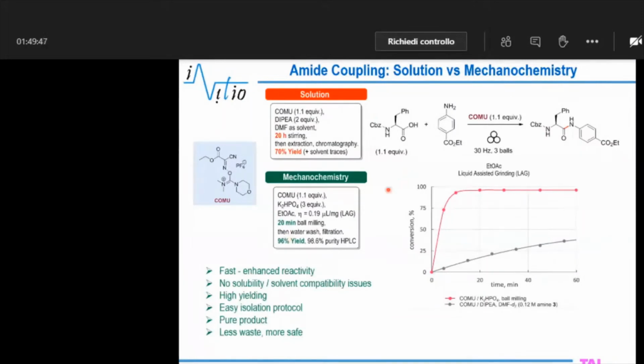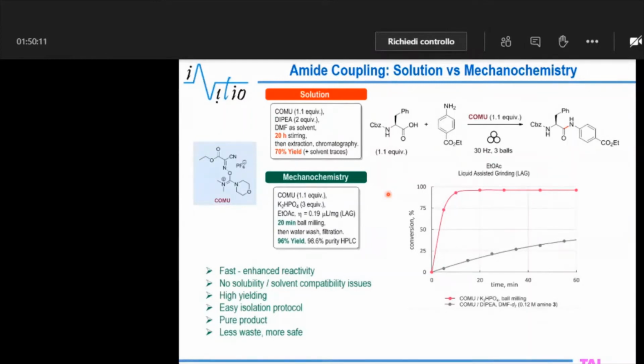So mechanochemical synthesis has many advantages like fast reaction rates, so enhanced reactivity, which we actually also need for our aim. You have no solubility problems, no solvent compatibility problems. It's high yielding. We have an easy isolation protocol. We easily obtain pure products, and it produces less waste and is safer.